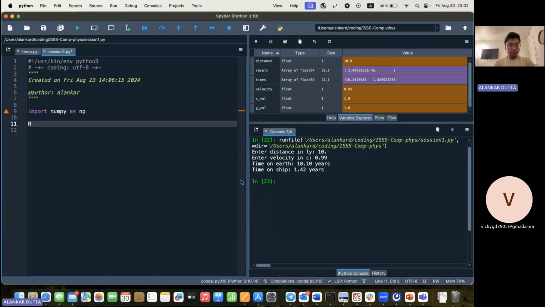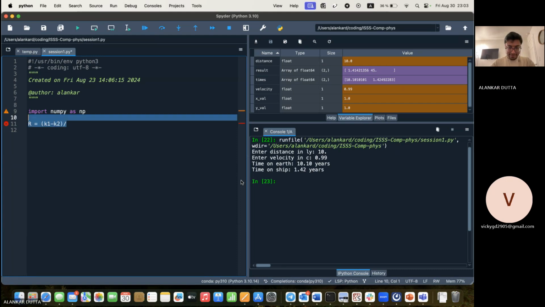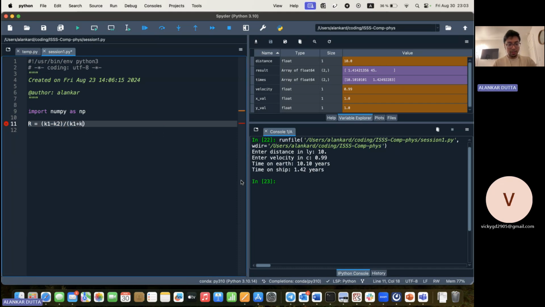It turns out the reflection probability, which is called R, is (k1 minus k2) divided by (k1 plus k2), the whole thing squared. So this is the reflection probability. Similarly, for the transmission probability, let me just copy this.